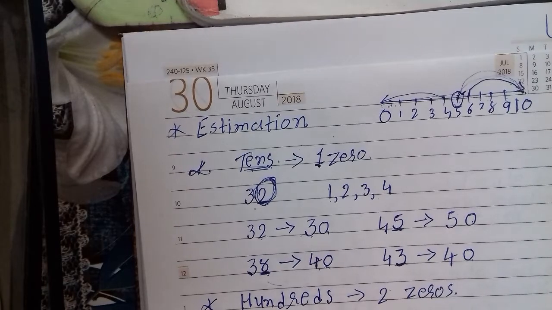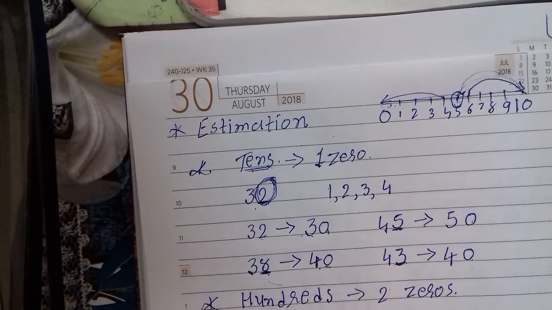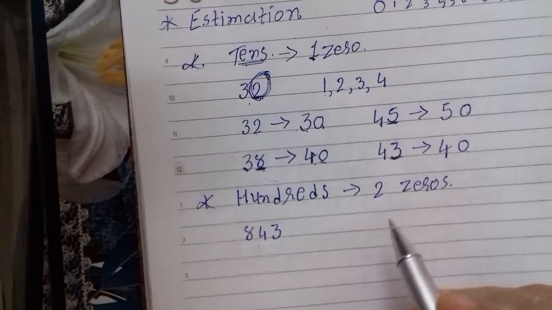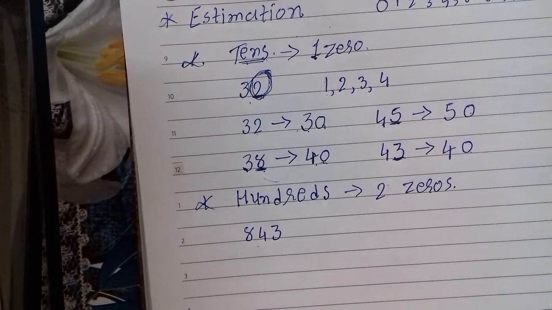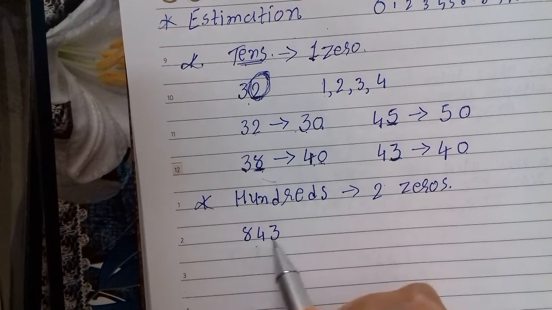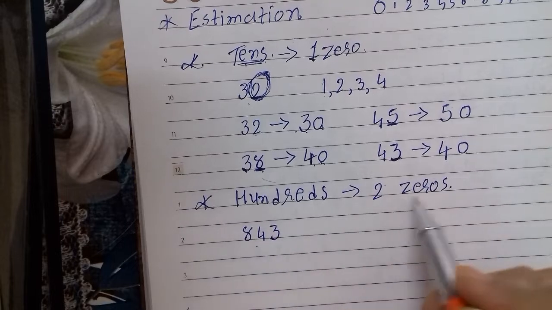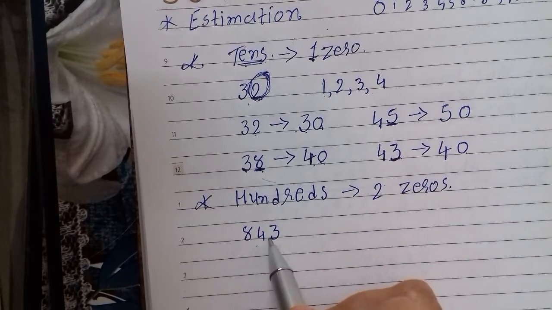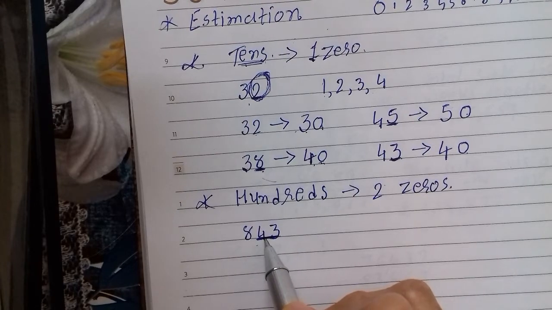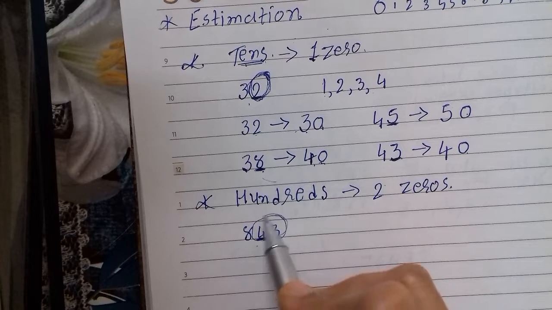Suppose we take one number, 843. In 843, see the 2 digits, because here in 100 there are 2 zeros, so see the 2 digits, the ones and tens digits. Here is the number 43.